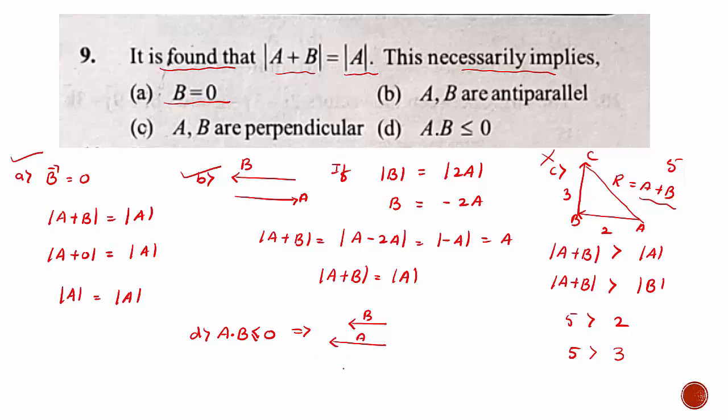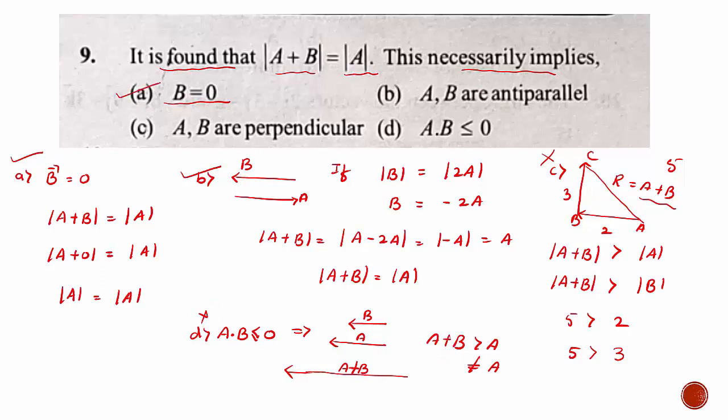When we add these two, the length of this line, or the value of magnitude, increases. So A plus B should be greater than A, but it is not equal to A. So if A and B are negative, right? So this is also not a suitable answer.